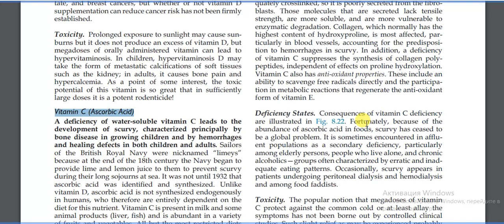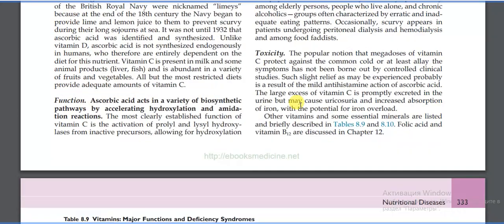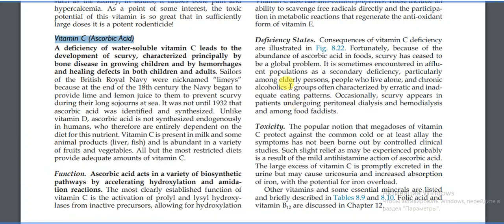Due to scurvy, bleedings are very common because everything which supports the blood vessels gets very fragile, which leads to petechial rash on the skin, and even a little pinch of the skin will cause bleeding. So subcutaneous bleeding. That's why we have these deficiency states.